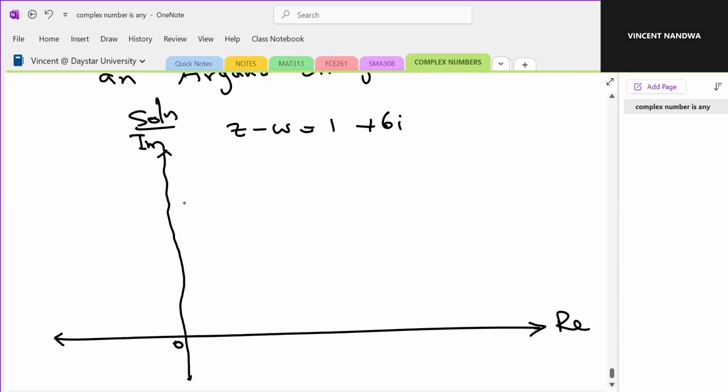So 0, minus i, minus 2i, minus 1, minus 2, 1, 2, 3, 4, 5, 6, 7, etc. i, 2i, 3i, 4i, 5i, 6i, 7i, 8i.